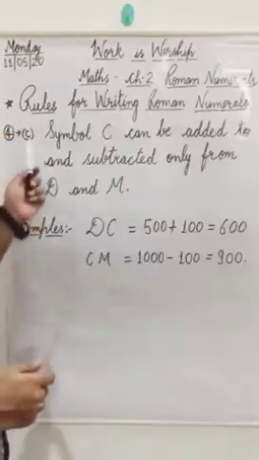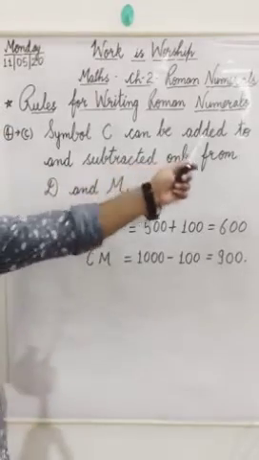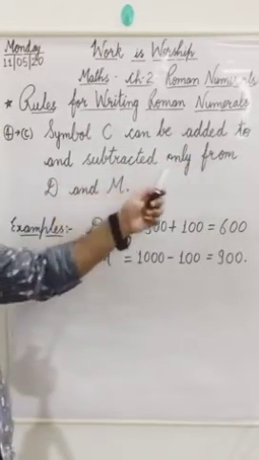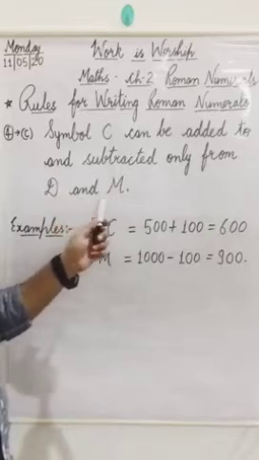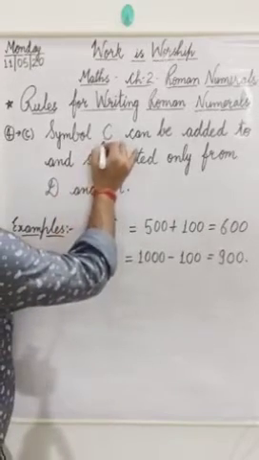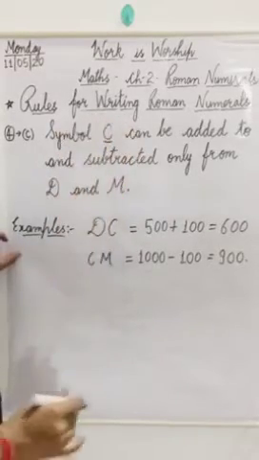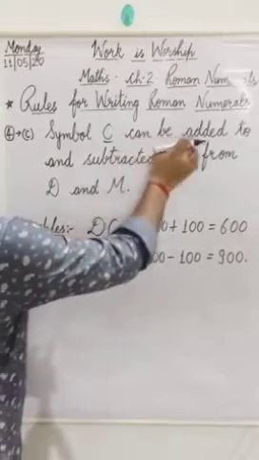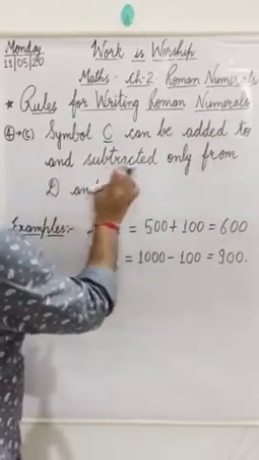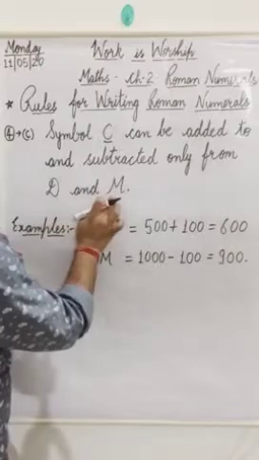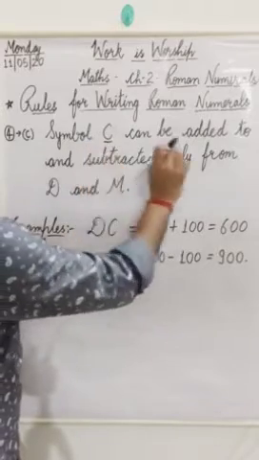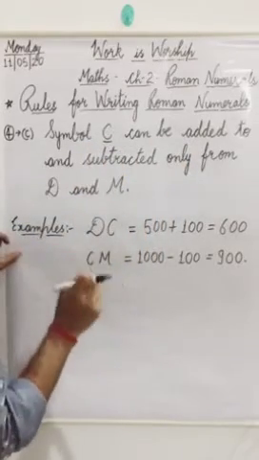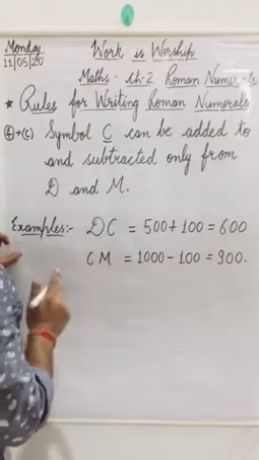Okay. Section C. Symbol C can be added to and subtracted only from D and M. जो symbol C है, it denotes 100, can be added to and subtracted only from D and M. C symbol add और subtract सिर्फ किन symbols में से किया जा सकता है?